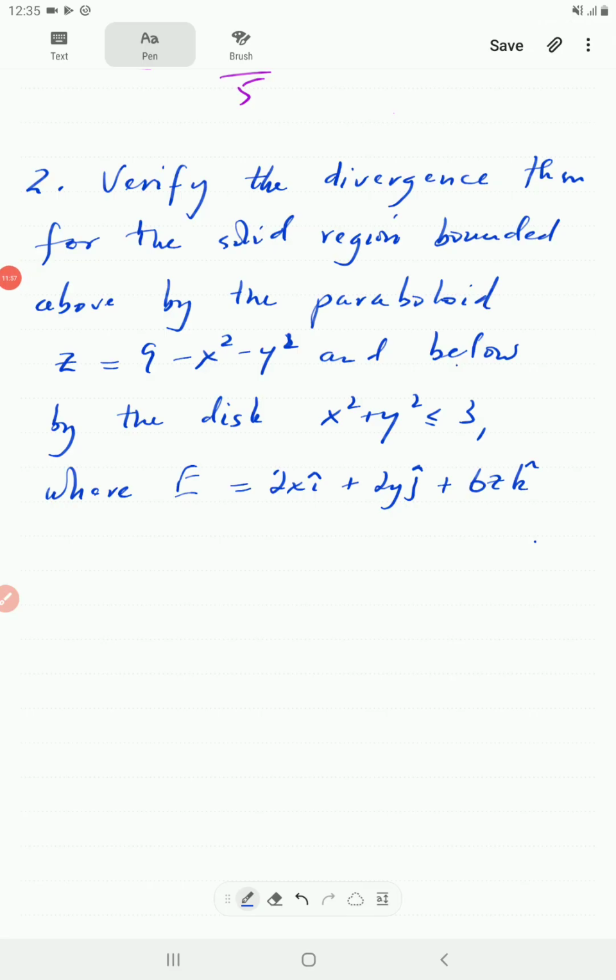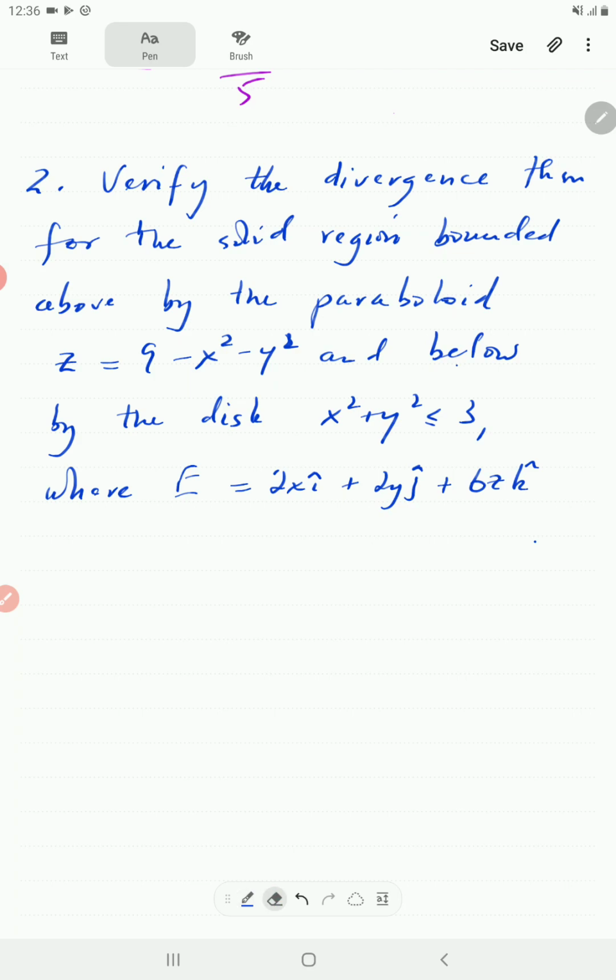Okay, in this number 2, we're going to verify the divergence theorem for the solid region bounded above by the paraboloid z equals 9 minus x squared minus y squared, and below by the disk x squared plus y squared less than or equal to 3, where f is equal to... there is an error here.